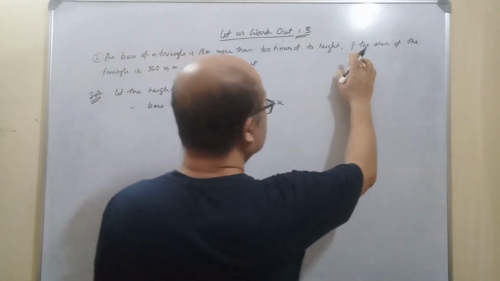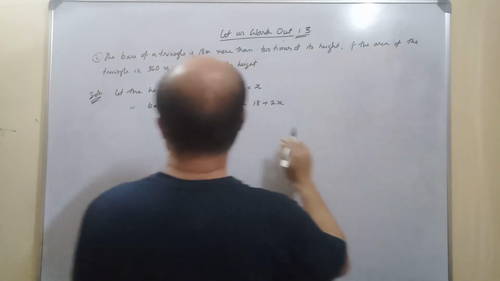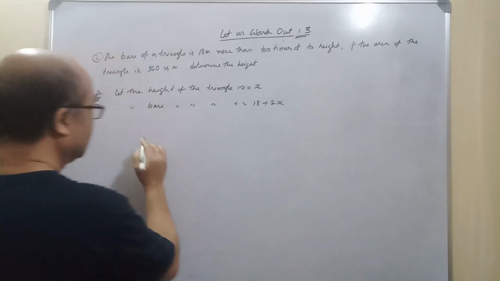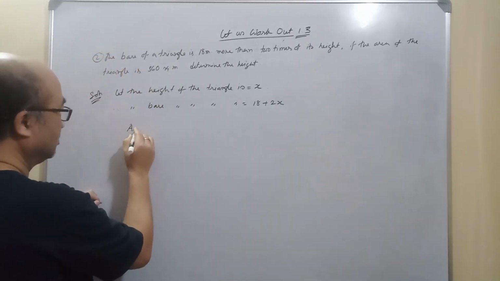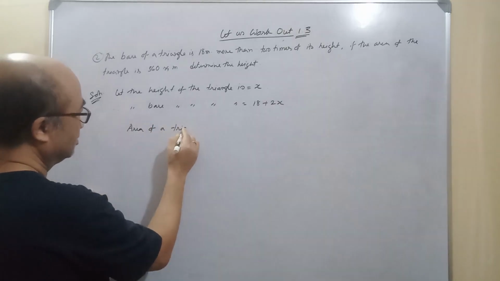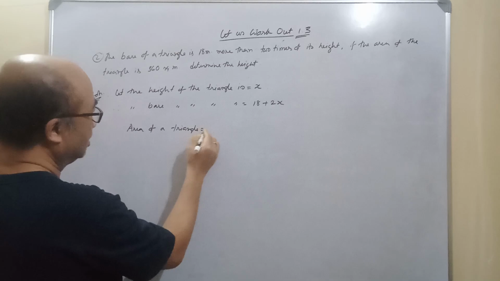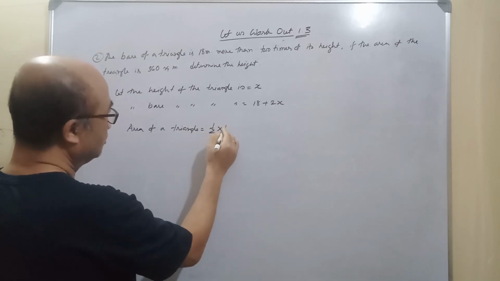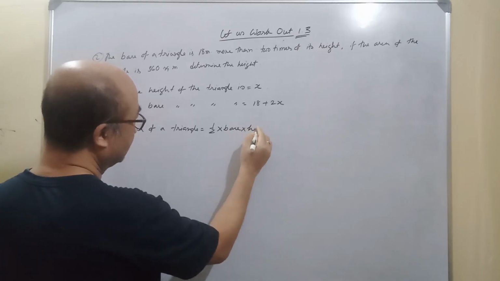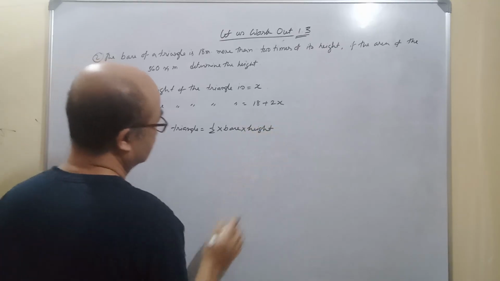And what is the next part? If the area of the triangle is 360 square meter, the area of a triangle is always half base into height. This is a formula, you have to remember this.